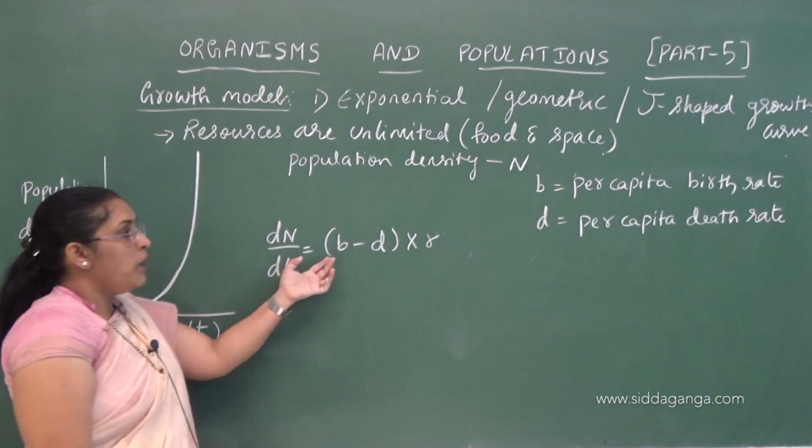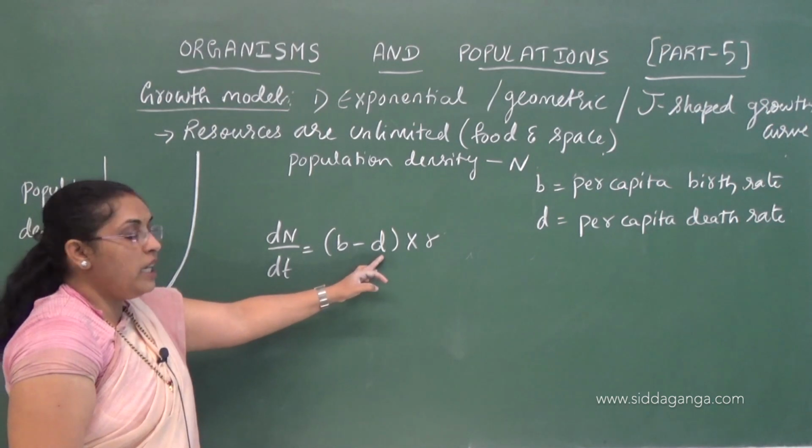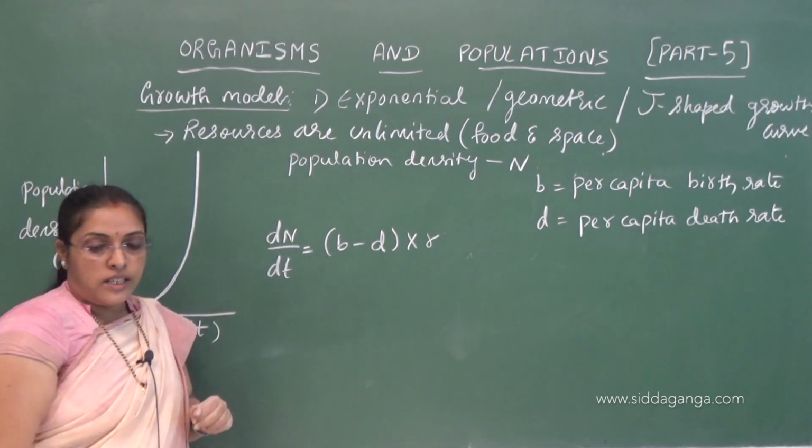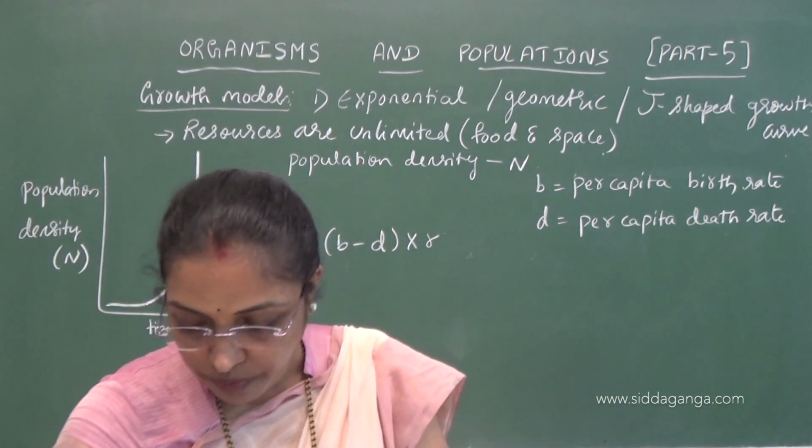B denotes per capita birth rate, D denotes per capita death rate. Understood?